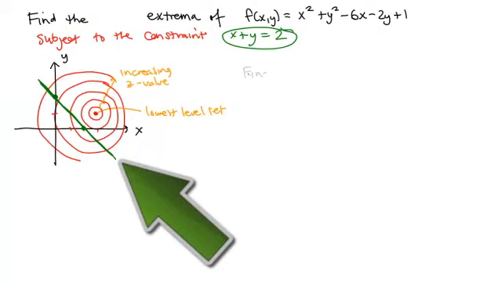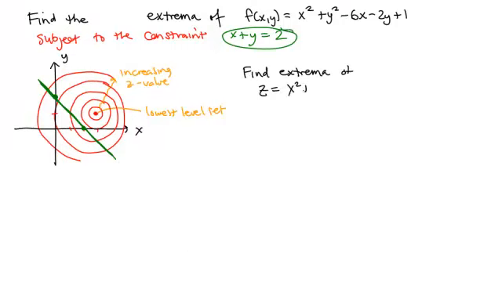How do we find the extrema of the equation z equals x squared plus y squared minus 6x minus 2y plus 1 subject to the condition that x plus y is equal to 2?